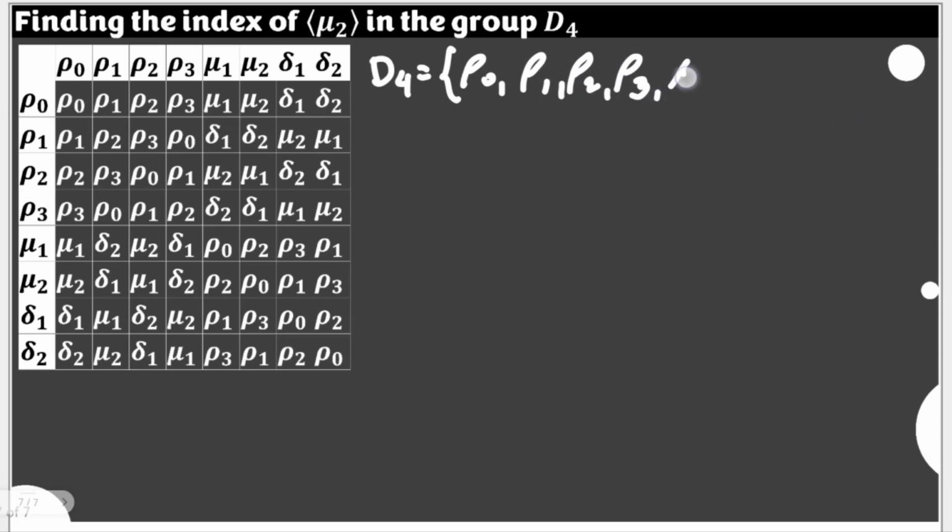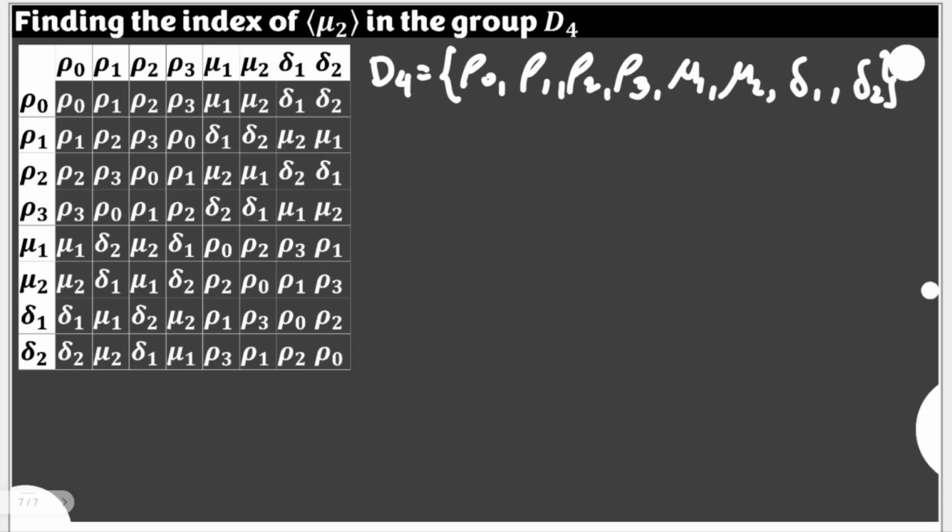We have mu sub 1, mu sub 2 are the reflections against a perpendicular bisector of each side. And we also have here delta sub 1 and delta sub 2, which are actually the reflection when we flip our rectangle as a representation of D sub 4 or on its diagonals. So we have 8 all in all, 8 elements or 8 permutations on D sub 4.